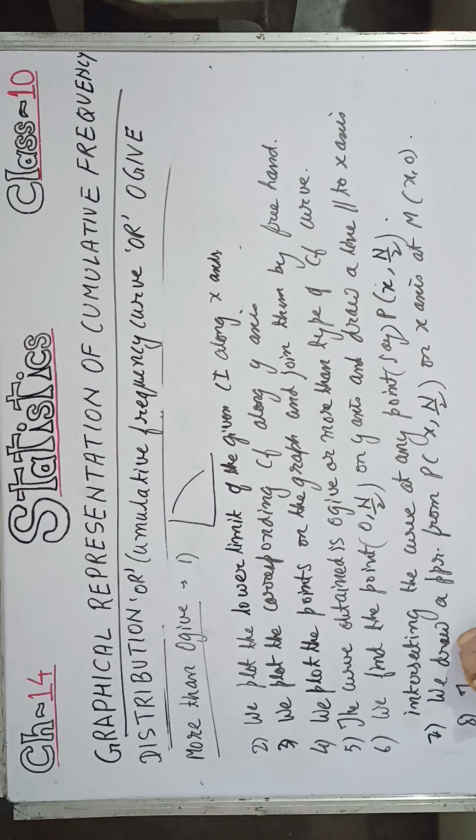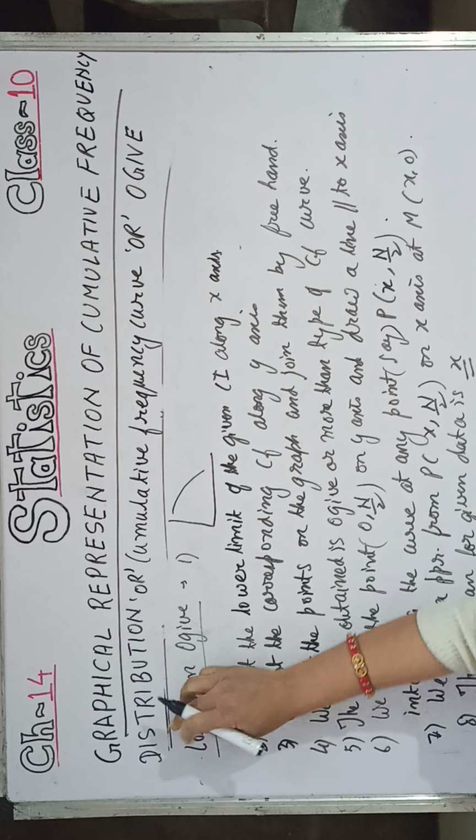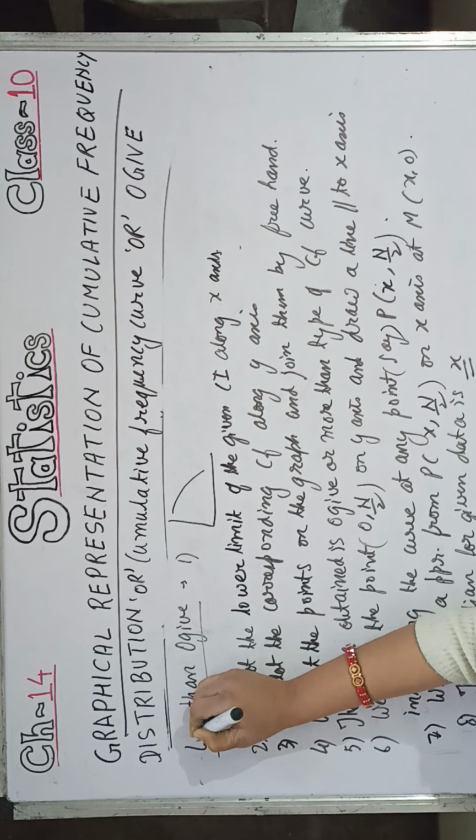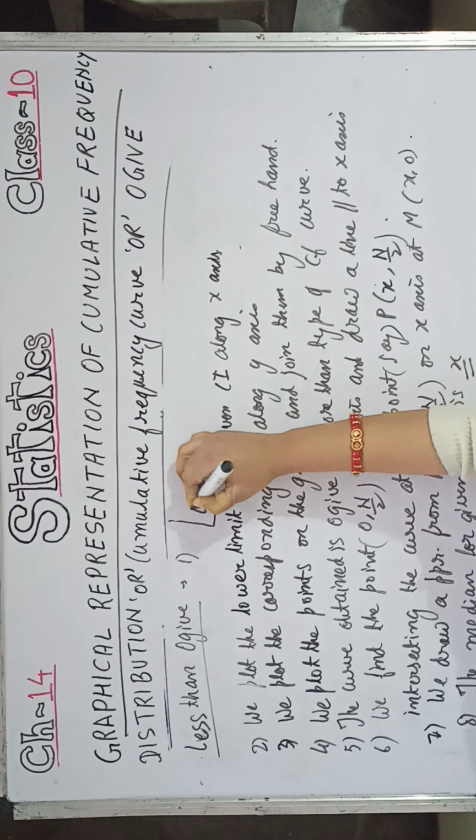Then number eight, the median for the given data is x, that is the x coordinate of the point M. So this is the more than type. Now similarly I am explaining the less than type also, and I will explain both with the help of an example as well. So the less than type ogive will be like this.